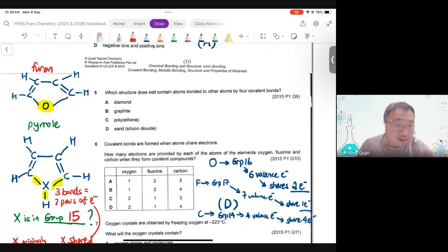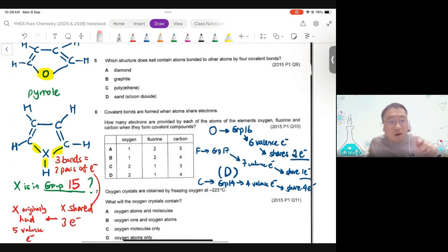And you notice that the oxygen has no hydrogen on it because oxygen is group 16. Group 16, 6 valence electrons, it needs 2 more. So you share 2 electrons, forms 2 bonds only. So oxygen is done. No more. So in furan, the oxygen only has 2 bonds with the carbons. It has no hydrogen attached to it.